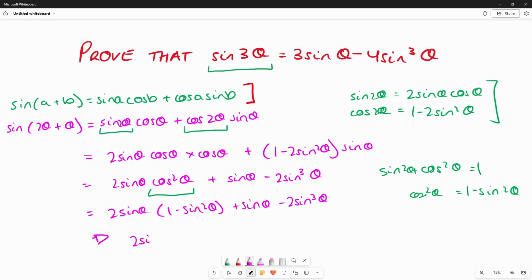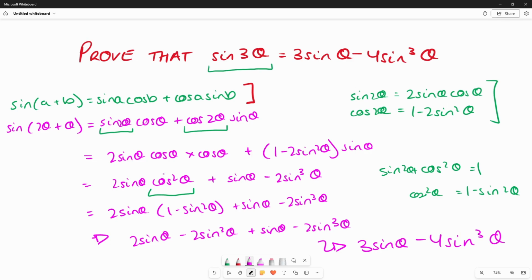So that'll be 2 sin θ minus 2 sin³θ plus sin θ minus 2 sin³θ, and now we'll collect like terms and we'll get 3 sin θ minus 4 sin³θ.